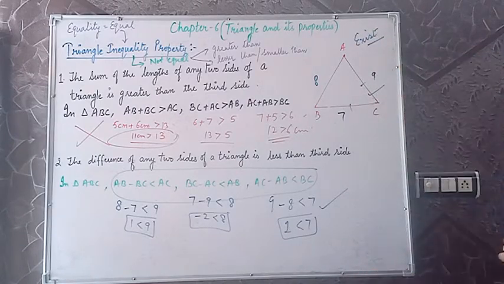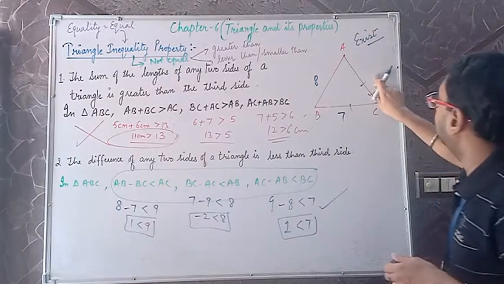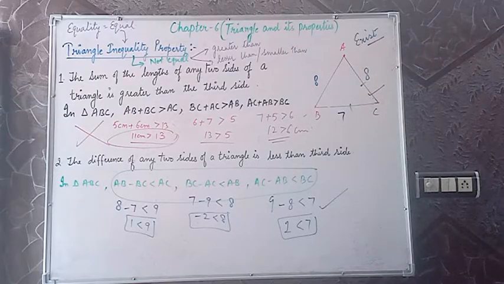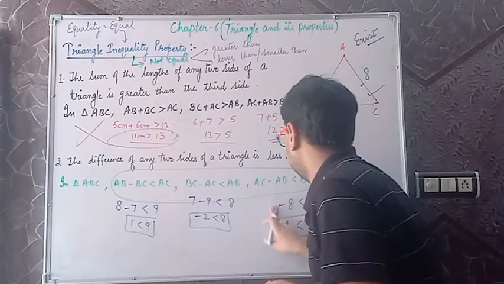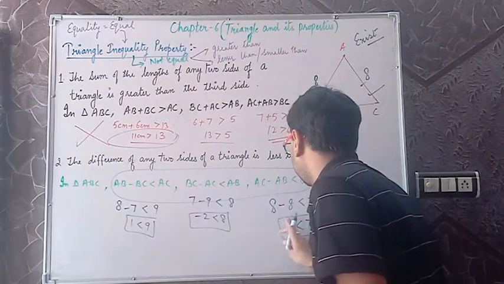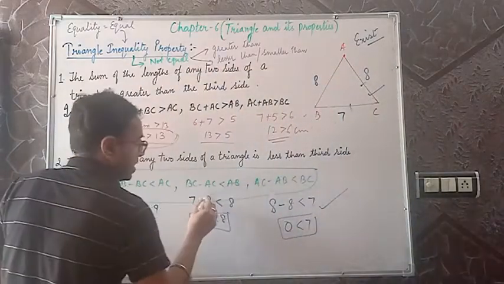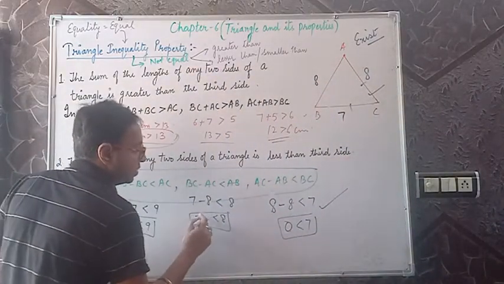This triangle exists. Now let me make this side also 8. Now tell me what to do in this case. This is also 8. So 8 minus 8 is 0, 0 is less than 8. Again proved. 8 minus 1 is 7, which is less than 8.